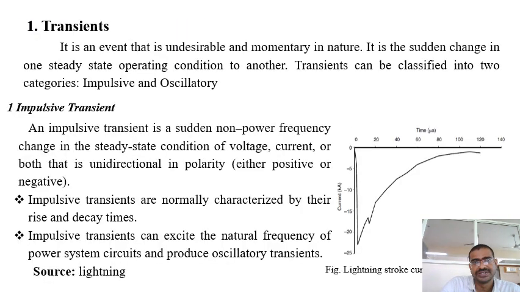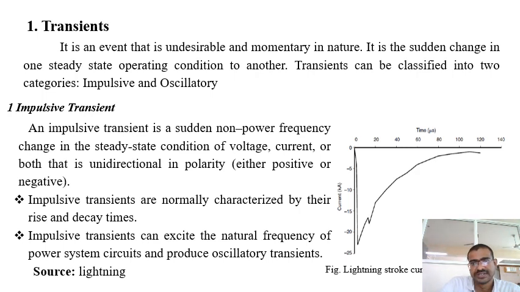Coming to transients, a transient is an event that is undesirable and momentary in nature. It is a sudden change from one steady state operating condition to another steady state operating condition. These transients can be classified into two categories: one is impulsive transient, another one is oscillatory transient.